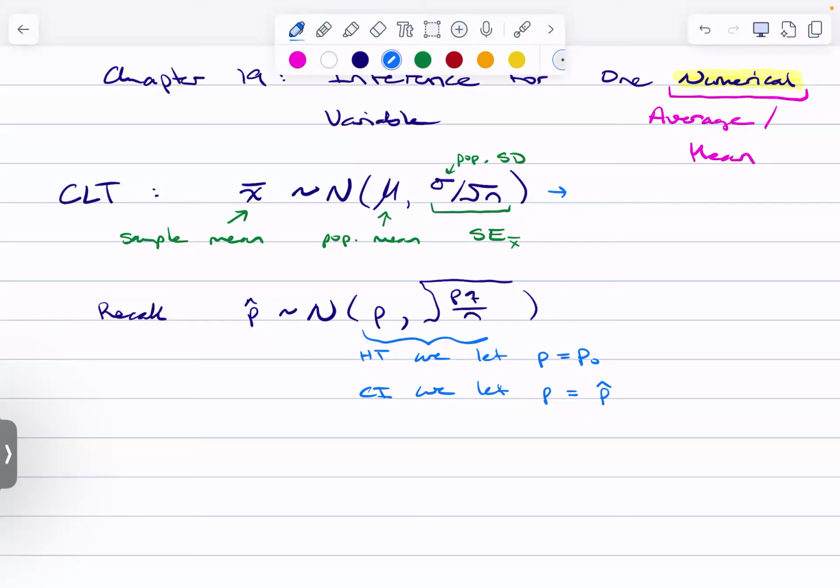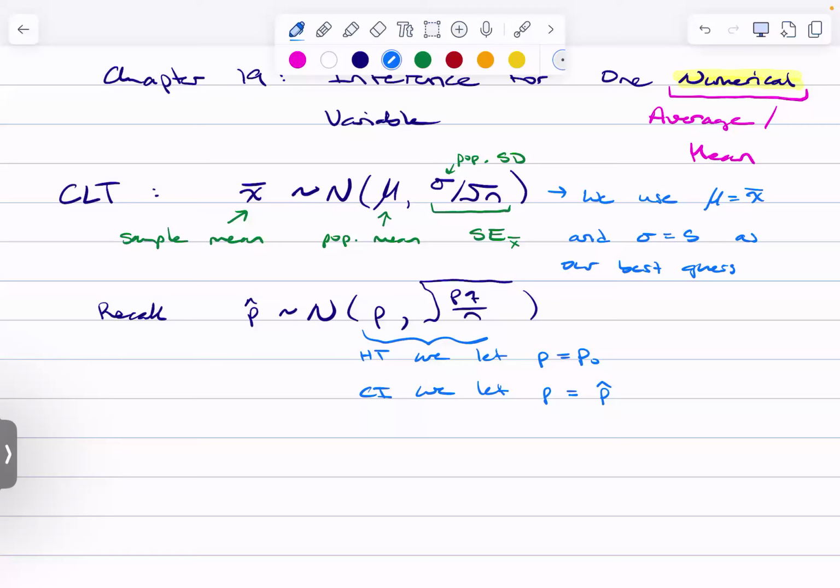So here, we use mu equal to X bar, and sigma equal to S, the sample standard deviation, as our best guess.